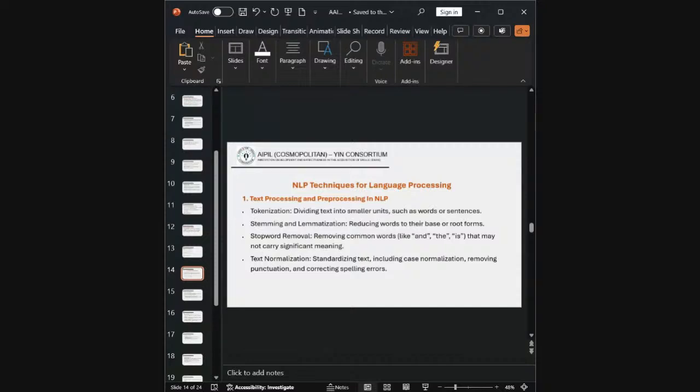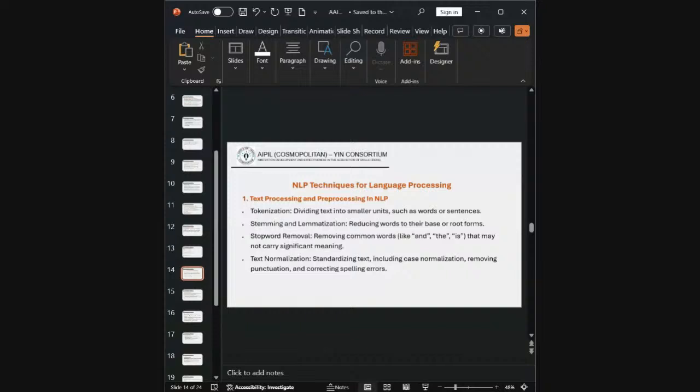You'll see that some of them are similar to the other bits, but there are different aspects, different things that they do that make them fall in that particular category. And so number one there, like you can see from my slide, is text processing and pre-processing.